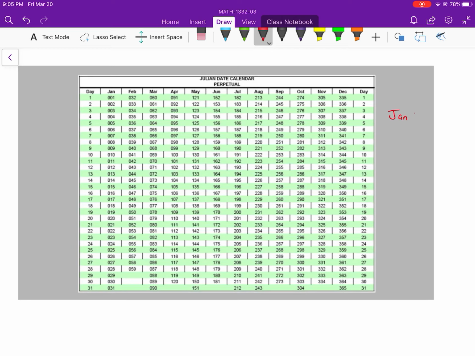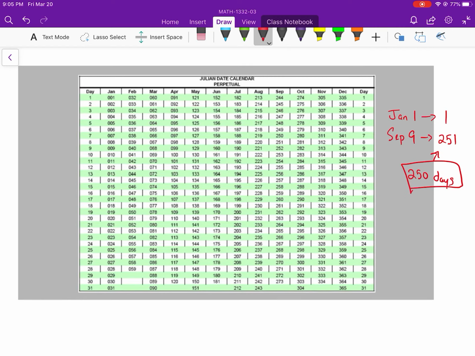Let me give you an example real quick before we jump into some examples. If I'm going from January 1st to September 9th, January 1st is day 1, and September 9th happens to be 251. By subtracting these, I can see that there are 250 days between these two dates.